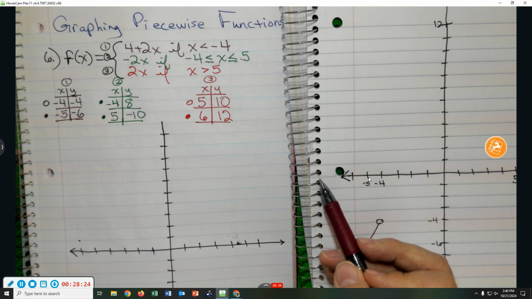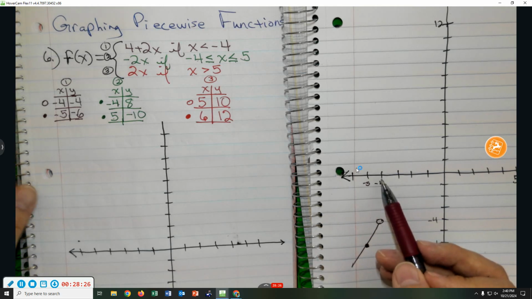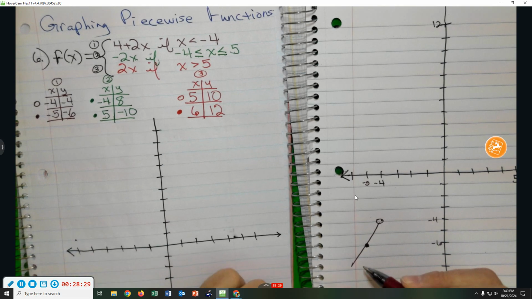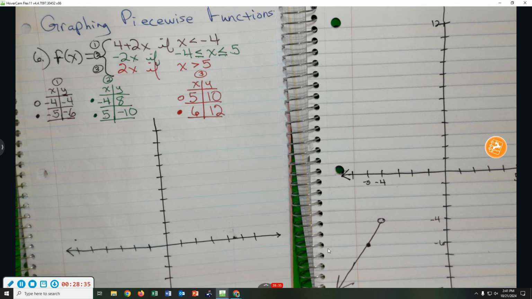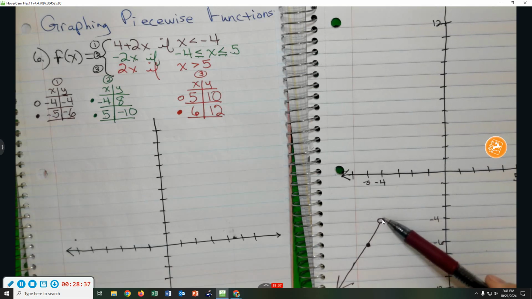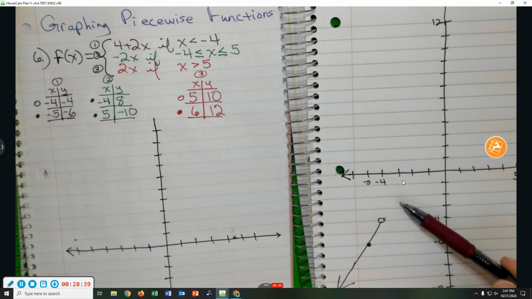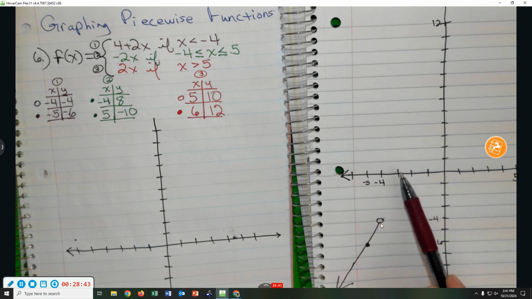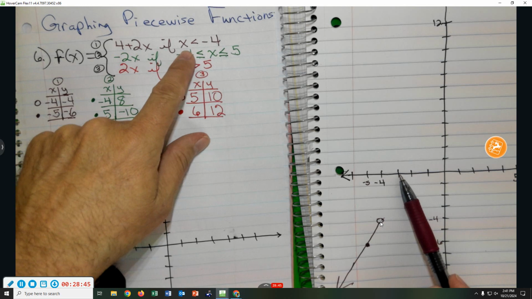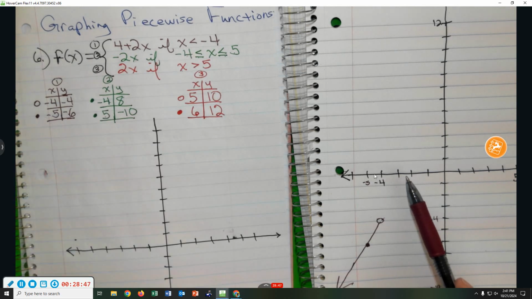Will this interval on the x-axis ever stop? No. So the left side of the graph can never stop. It's going to keep going and going. I'll put an arrowhead there. Now it doesn't continue to go past the cut point because these numbers out here are not less than negative 4.